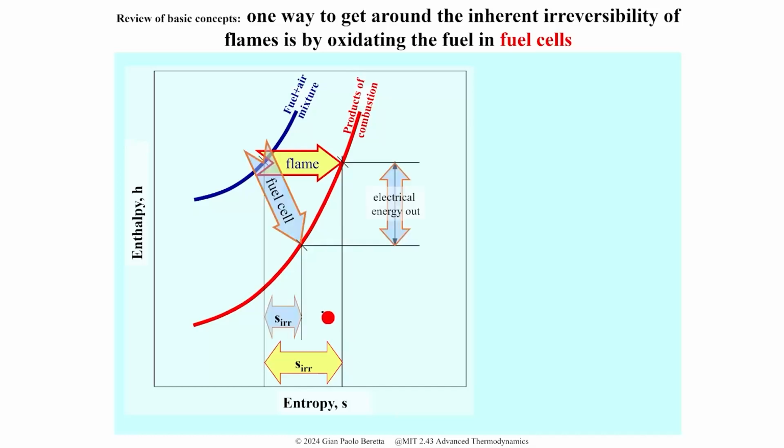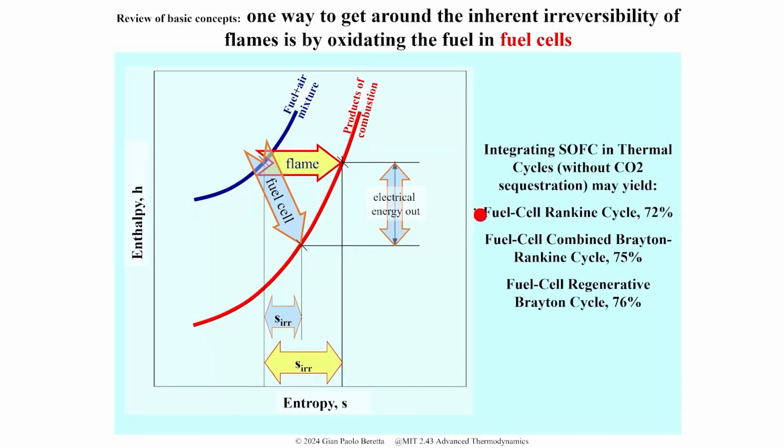Whereas if you are in a fuel cell, more able to control this process, and while the system spontaneously wants to go from fuel to products of combustion, you manage to extract also some energy, like in the fuel cell, then you may reduce the entropy produced by irreversibility and your efficiencies can be higher, like in some examples here.